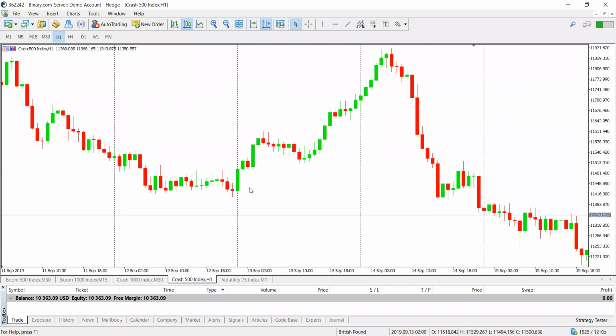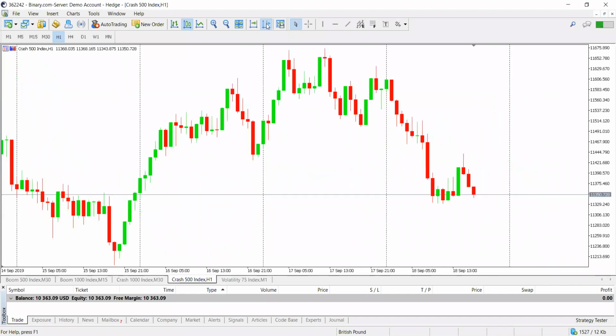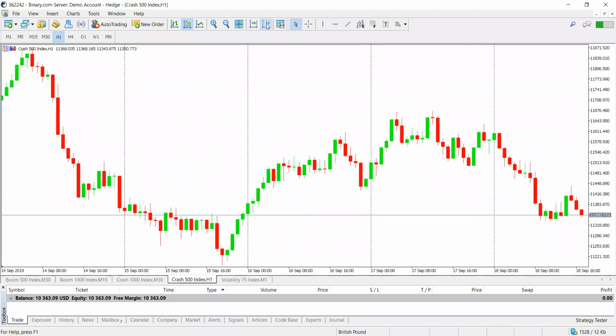What I'm intending for us to have in this 30 minutes is to look at the market structure. When we talk of the market structure, we are talking about the movement and the turning points of the markets, where the market actually turns and where it makes a move down and where it makes a move up.